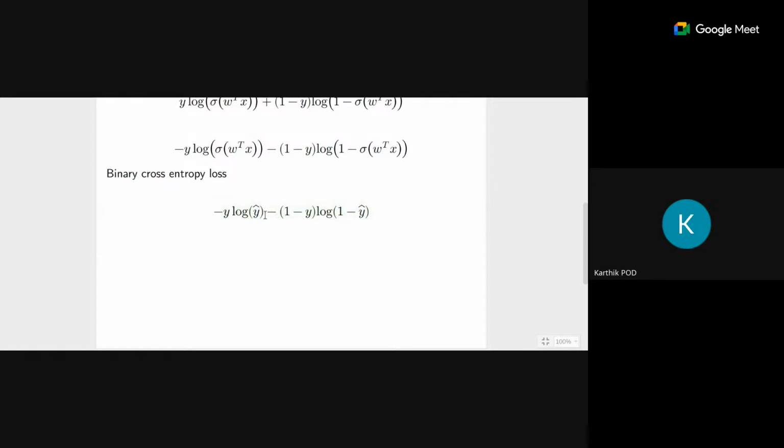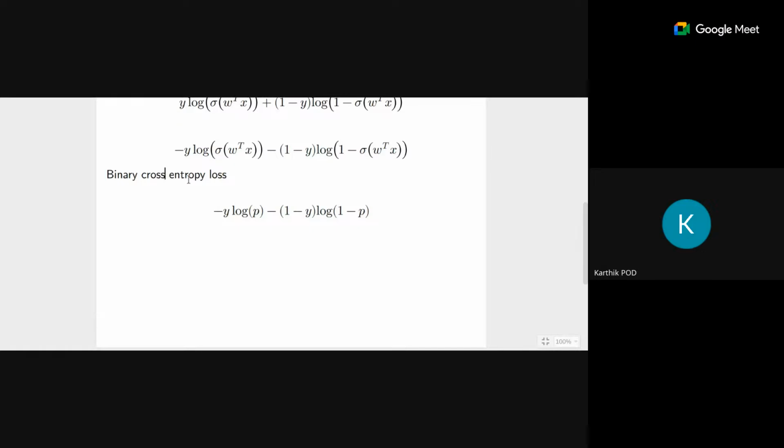In fact, you should not call it y hat. Better to call it the probability associated with the prediction being 1. If you notice, this is the probability that this will be predicted as class 1, and this is the probability that it will be predicted as class 0. So it's called binary cross entropy.